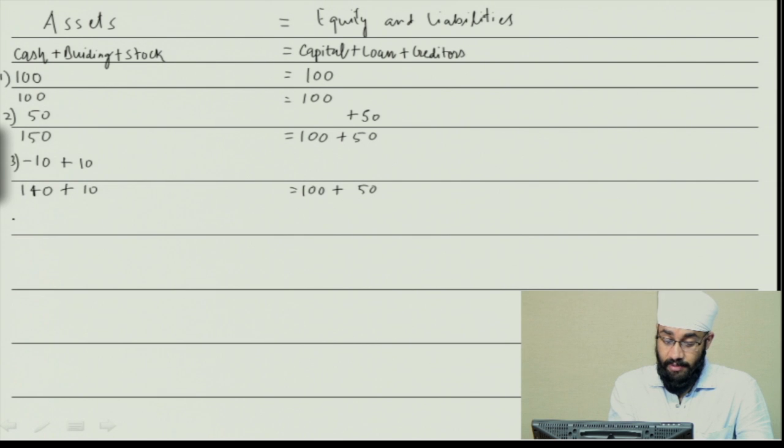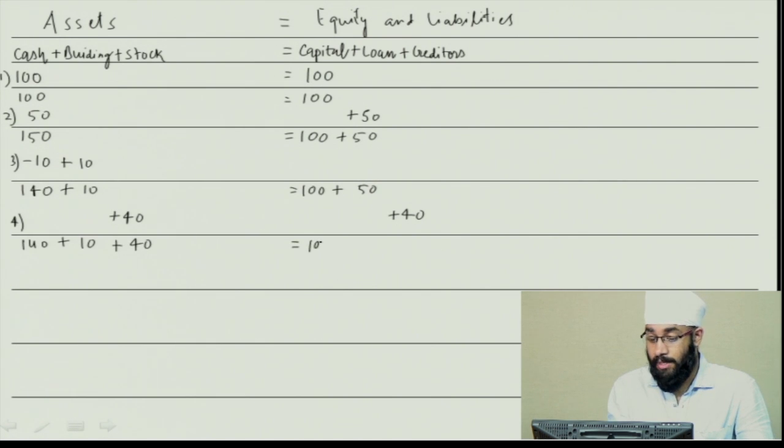So in transaction 4 you have 40 million worth of stock, but also creditors go up by 40. So the transaction impacts both sides by equal amount, and the total stays the same.